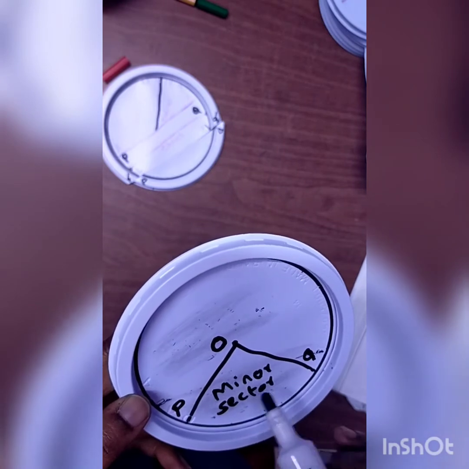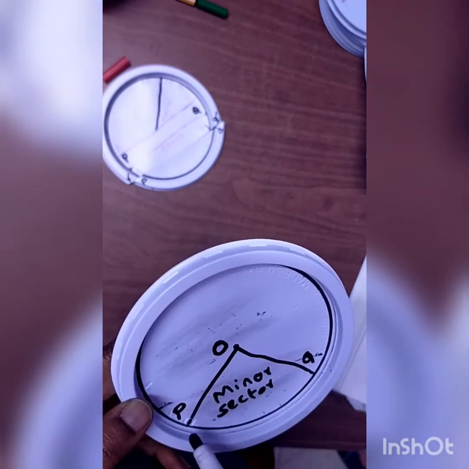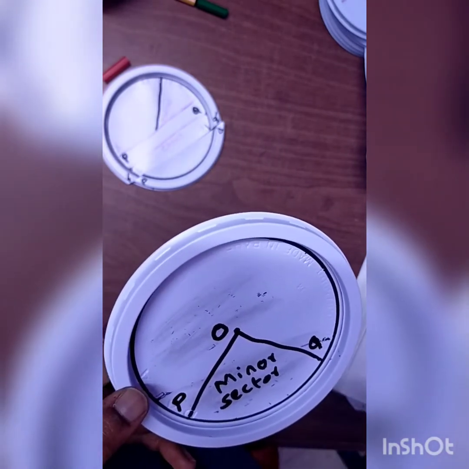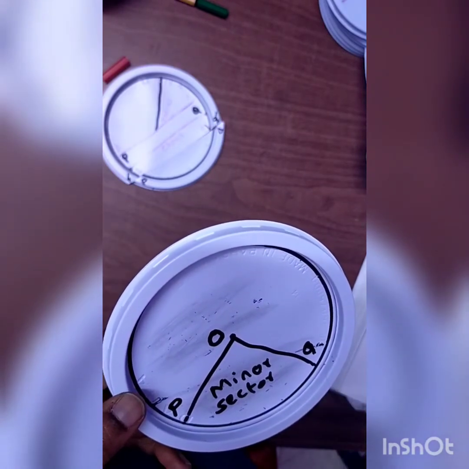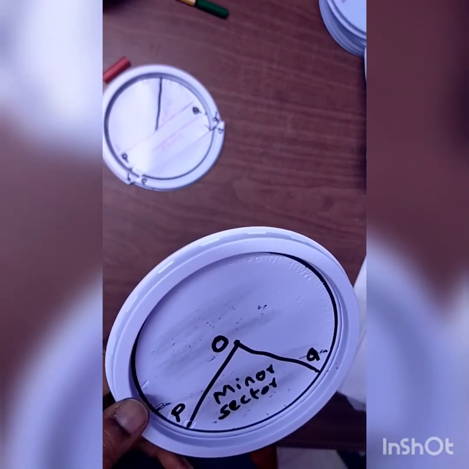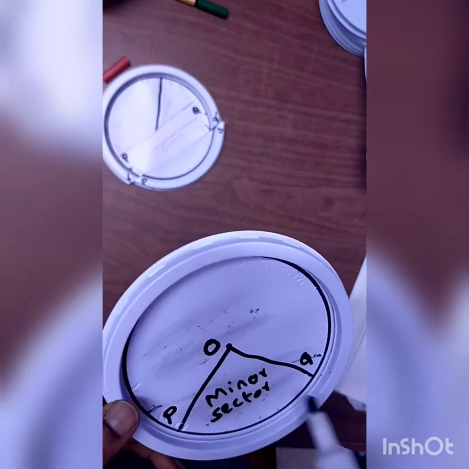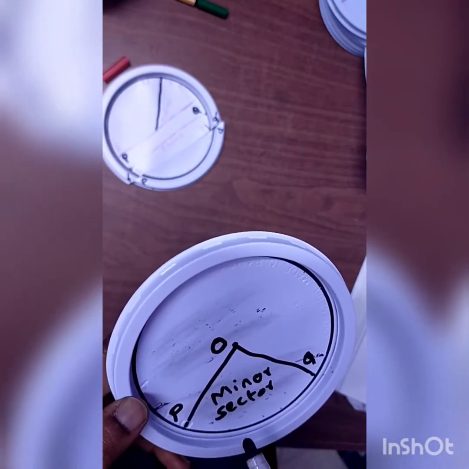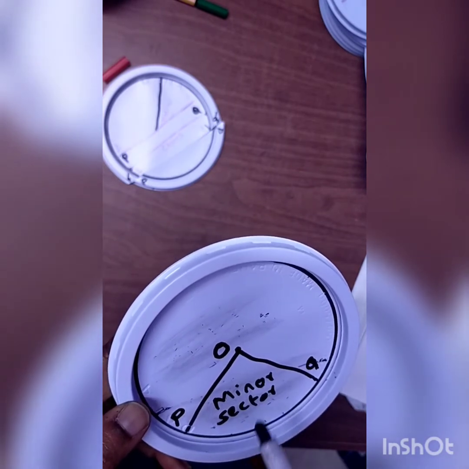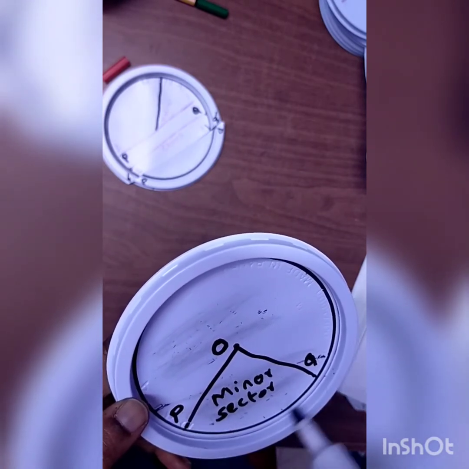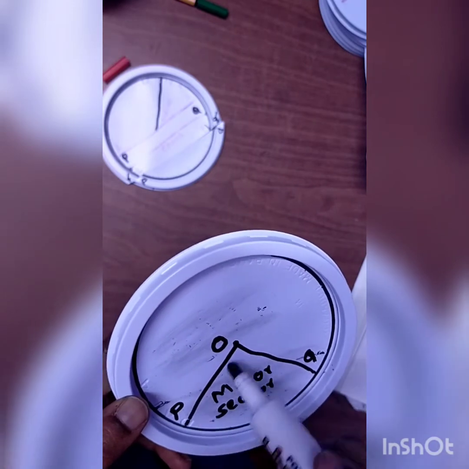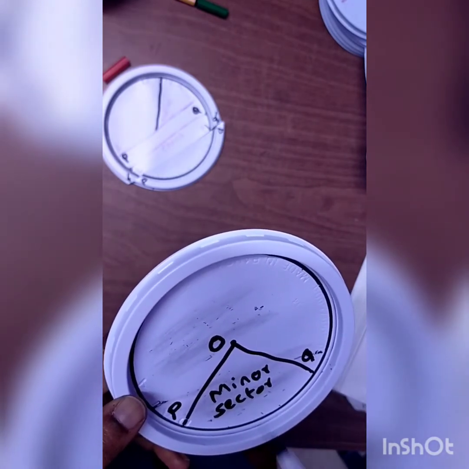So sector means it is related with the radii. So you all know, children, radius is singular, radii is plural. So here we have 2 radius, OP and OQ. So I am using the word radii. So the region between an arc and the 2 radii is known as sector.